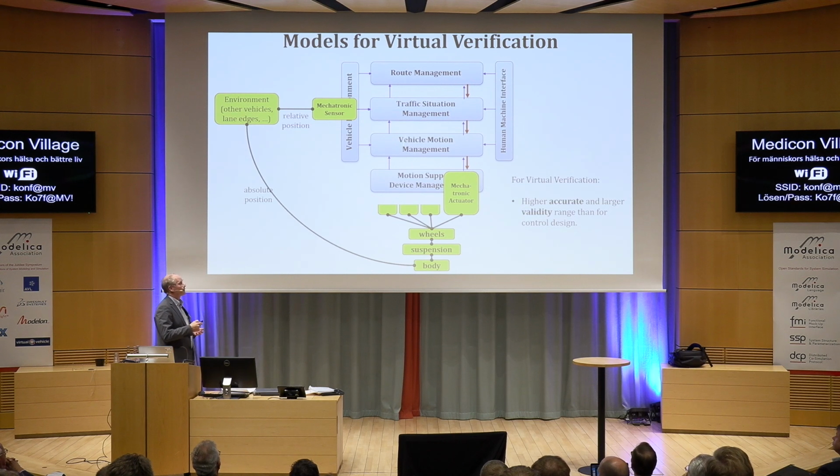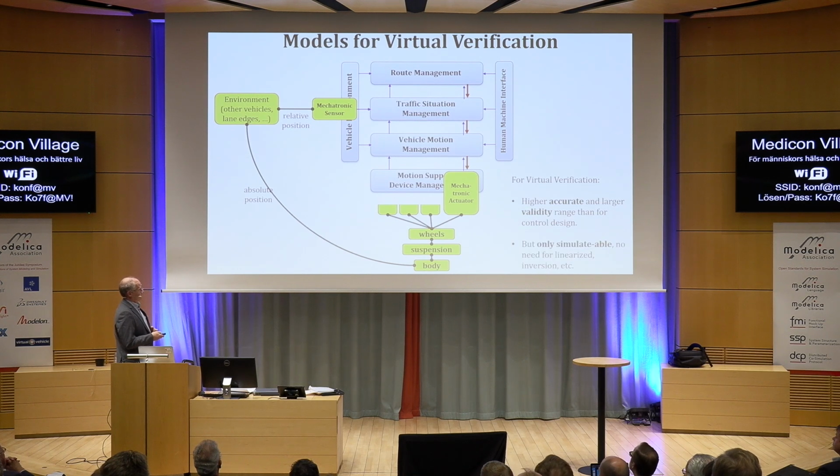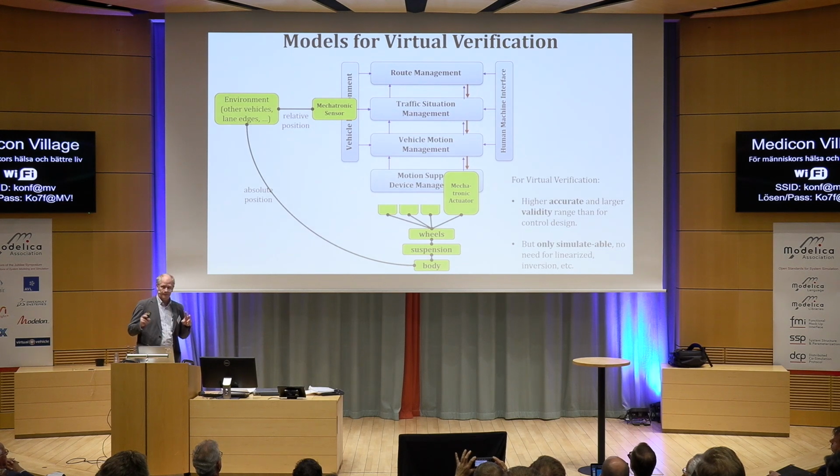Because when you use the models for control design, you know approximately, you can, for instance, swap models between different high and low speed areas and so on. So this is kind of more difficult, but what maybe makes it less difficult is that it only needs to be simulatable. You don't need to be able to invert them, linearize them, and so on.